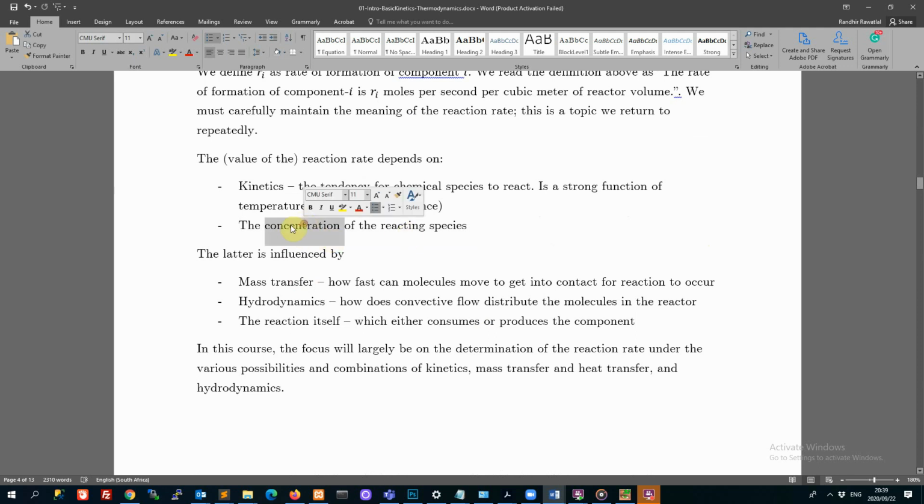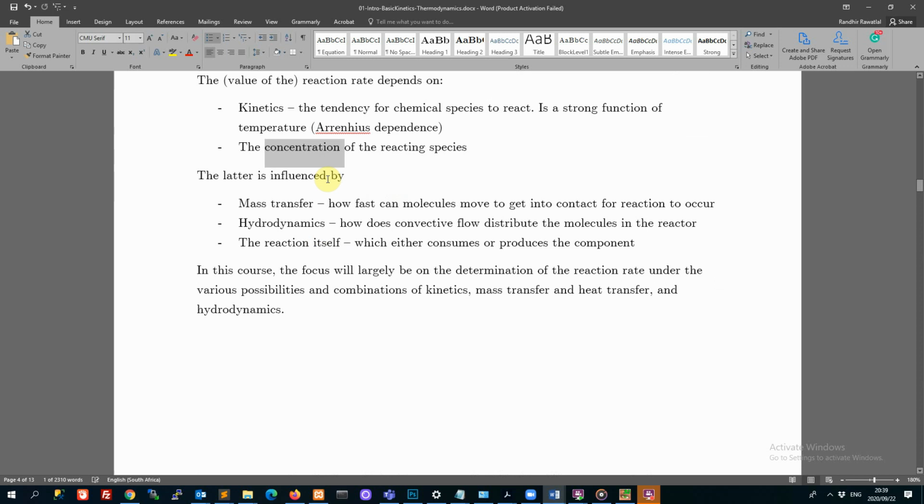That's because the concentration is influenced by a number of things. Number one, mass transfer. How fast are the species moving through the reaction space?